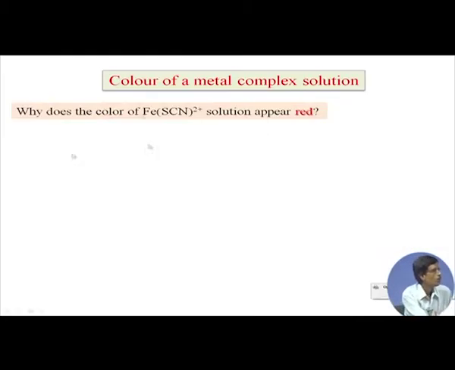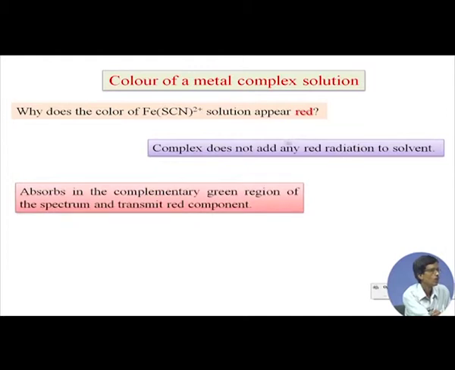So, this particular one, that means your FeSCN 2 plus, is appearing red in color. The complex does not add any red radiation to the solvent. It is interesting to know at this point that the solution is red, we are seeing the red color. When we see the solution through our eyes, we see it as red colored, but what we are not seeing is what it is absorbing.